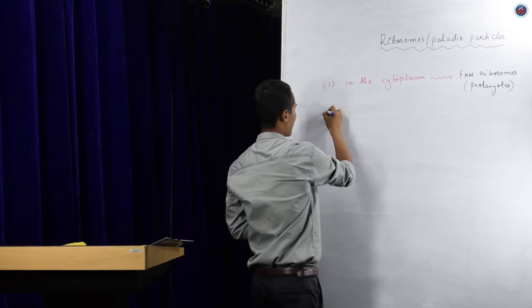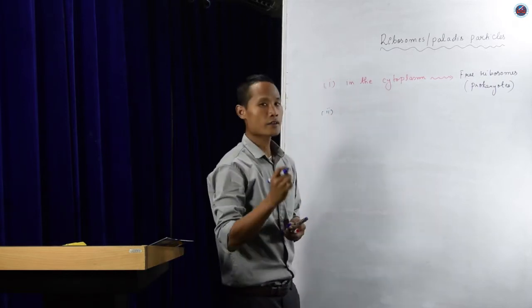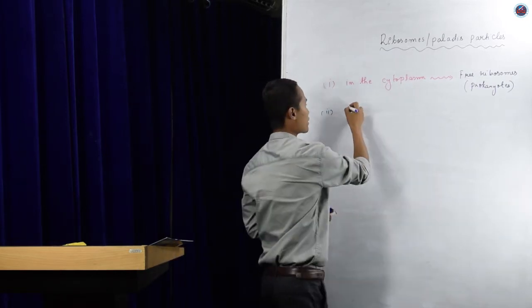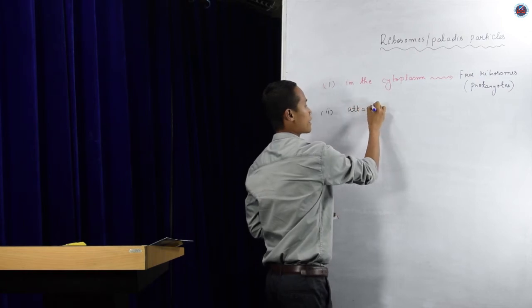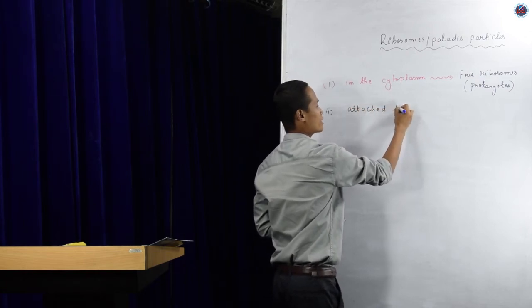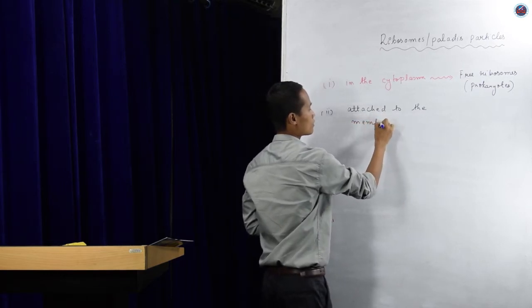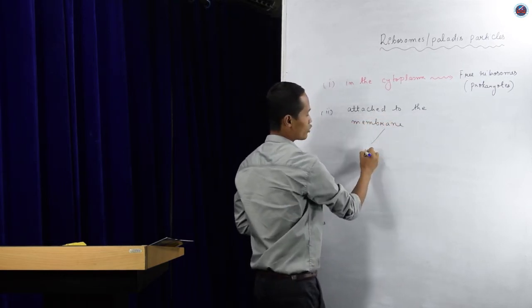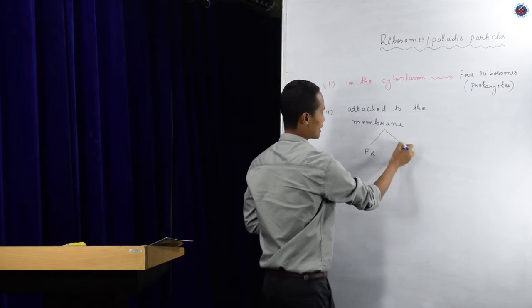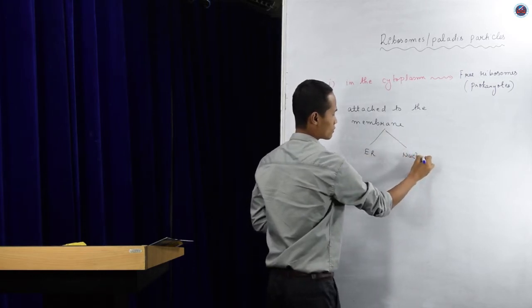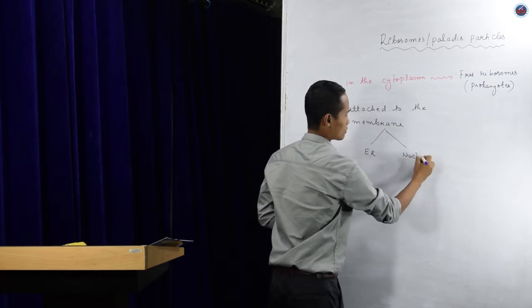Now in eukaryotes, they are attached to the membrane, either the endoplasmic reticulum or the nucleus.